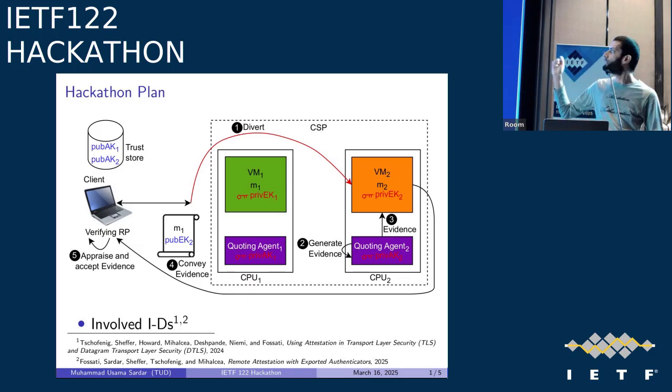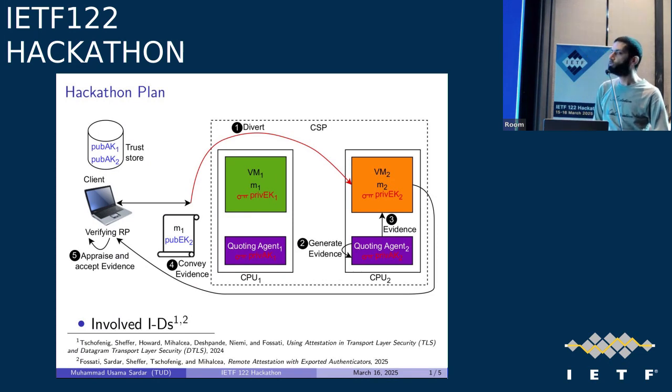Then in the final step, the client appraises it, and since attestation key 2 is also in its trust store, it will definitely accept the evidence.